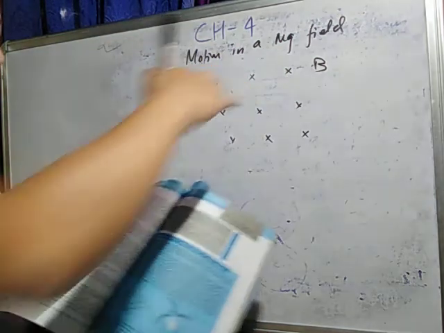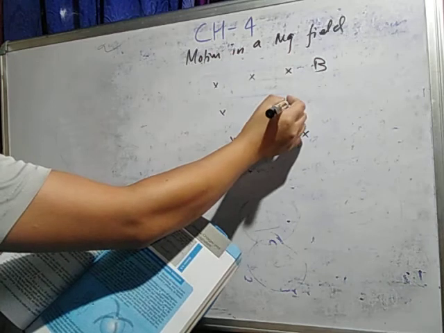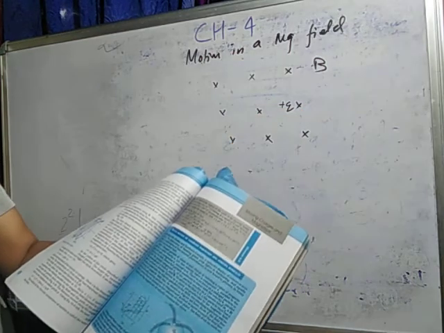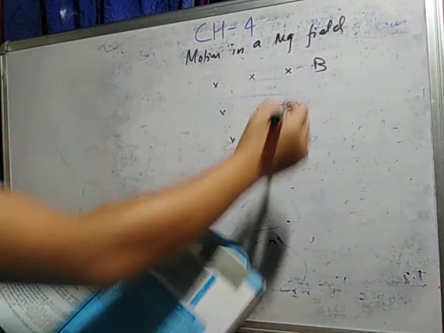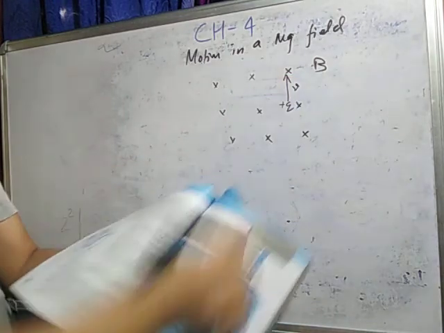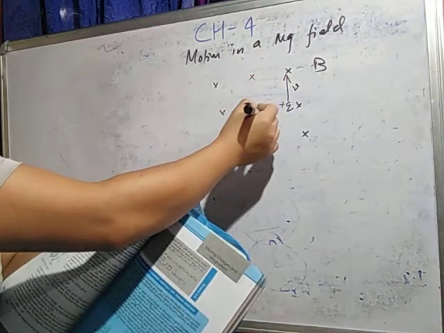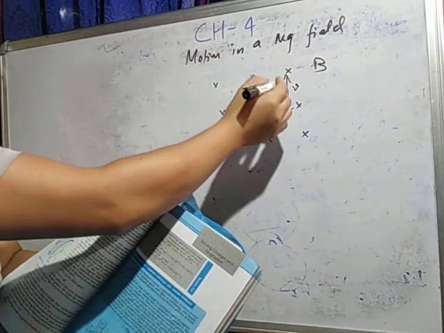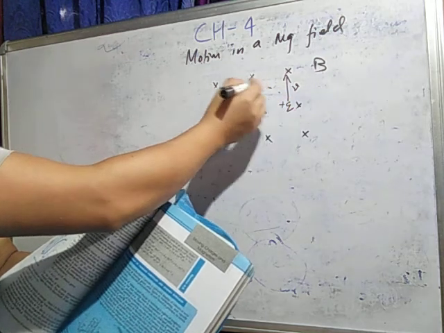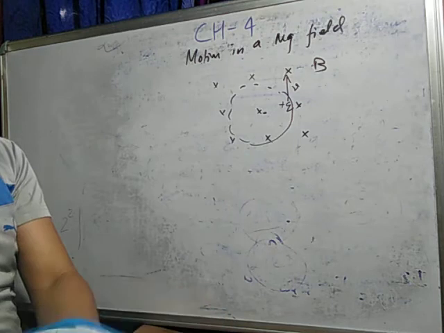Now you have a charge, a positive charge over here, and it is moving like this. This is the direction of velocity. Now let us take the center, and this will move in a circular path, isn't it?